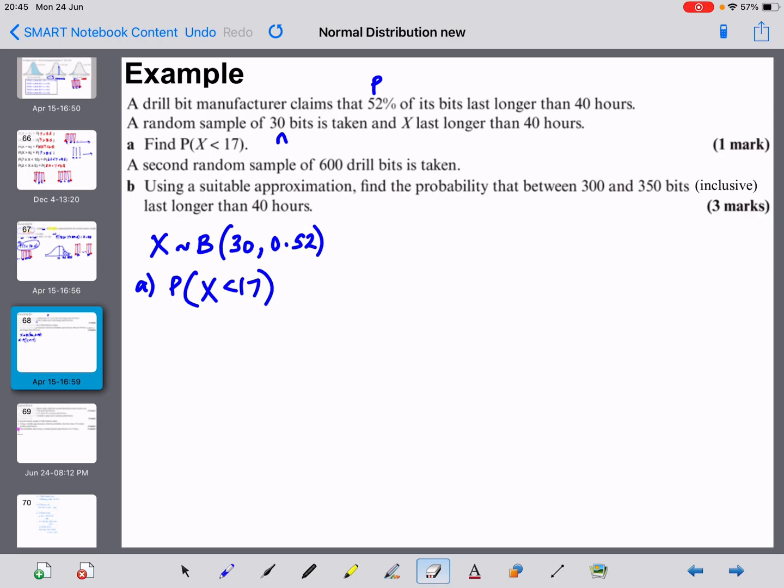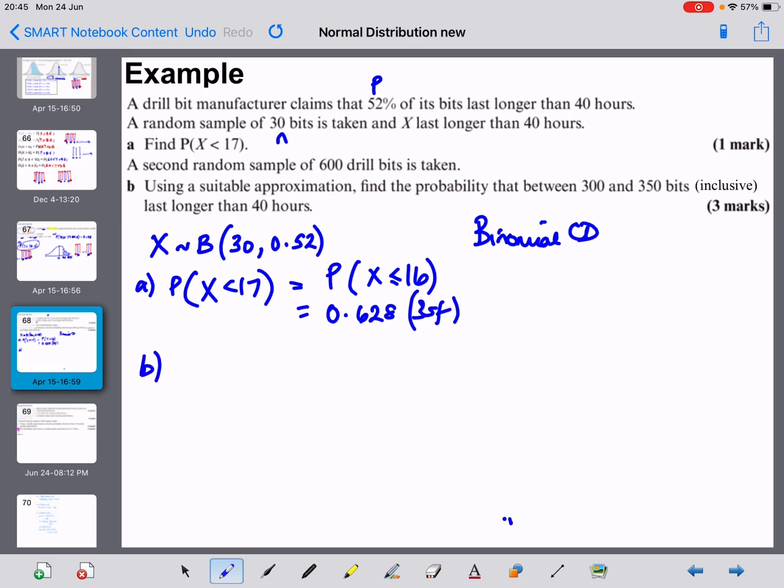So to get less than 17, using binomial CD, we actually need to do less than or equal to 16. So you should get, when you stick it in your calculator, 0.628 to 3 sig figs.